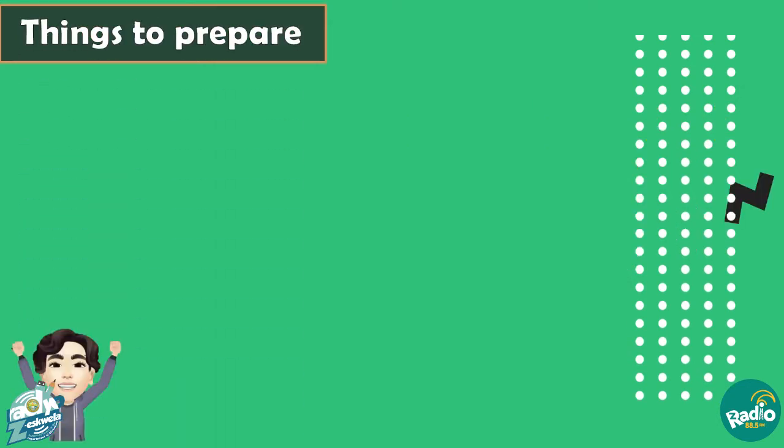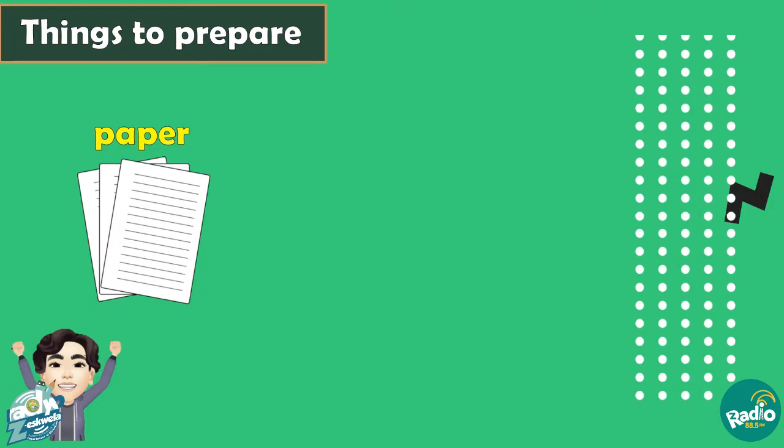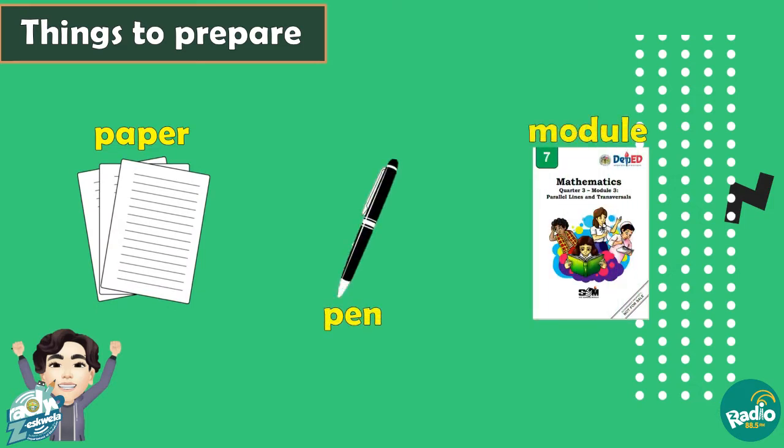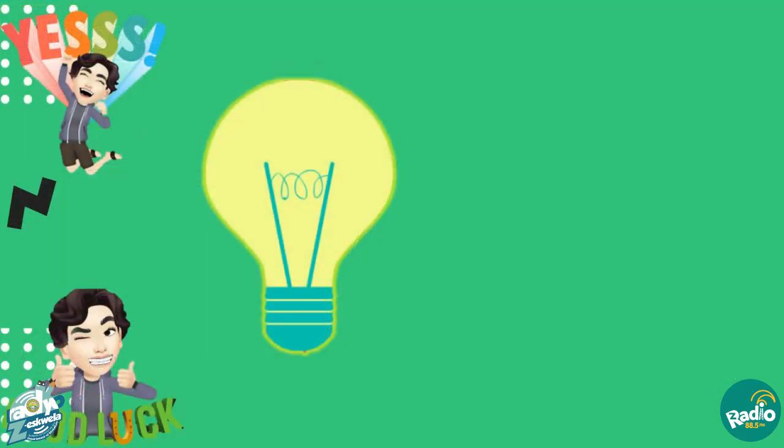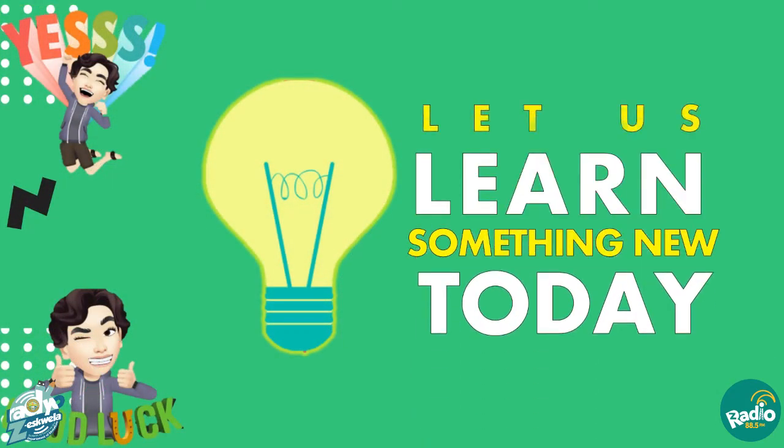Before we start, kindly prepare your paper, pen, and your mathematics module entitled Mathematics 7, Quarter 3, Module 3, Parallel Lines and Transversals. Now, are you ready to learn, students? Great! Let us learn something new today.